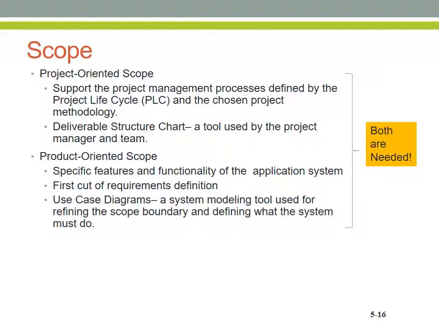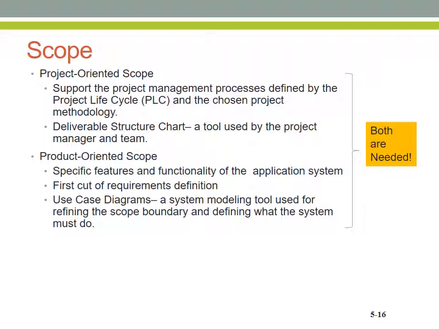The product-oriented scope is focused specifically on the technical output that the project is supposed to deliver. As such, it is documented in a feature document, in a software requirements specification, typically also in a number of use case diagrams that describe exactly how specific actors, people, or other systems are going to interact with our system in order to model the system boundaries.